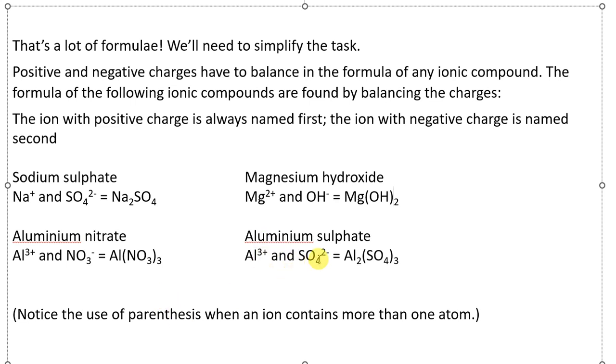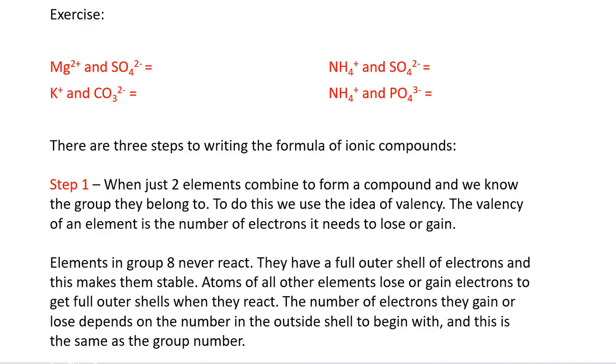Al is 3+, sulfate is SO4 2-. Charge has to balance. The only way I can do that is to have 2 of the aluminiums, 3 of the SO4 2-. Al2(SO4)3. It's worth noting you have to use parentheses, brackets, if there's more than one atom in a group.